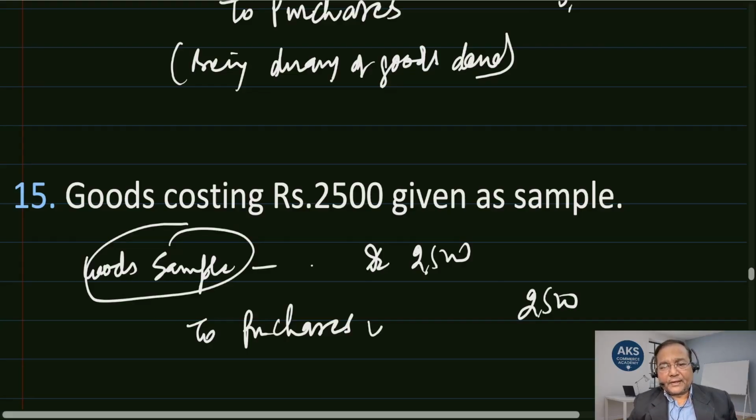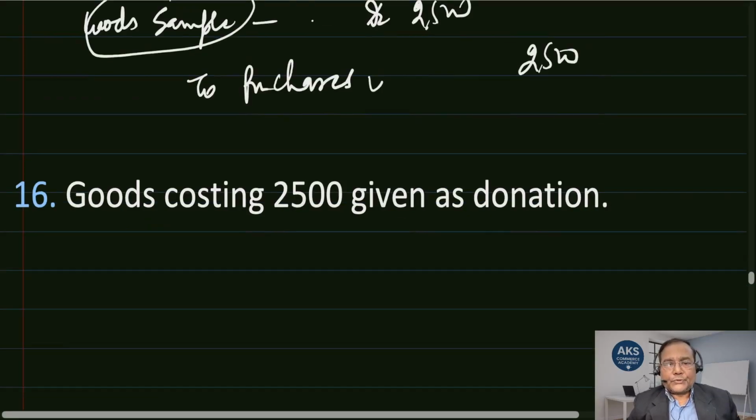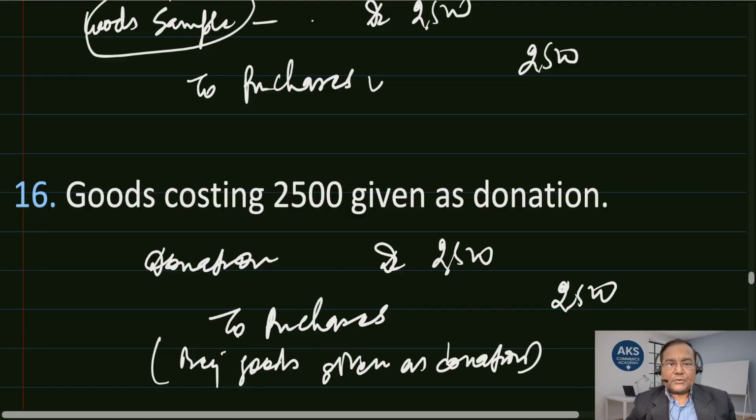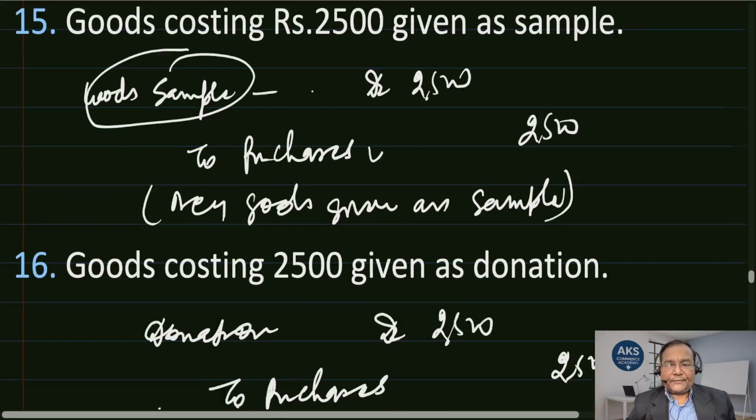Because to that extent purchases, or goods, get reduced. Goods costing 2,500 given as donation. Again, donation is an expense, donation debit to purchases, which is 2,500. Same narration, being goods given as donation. I hope it is clear. Here also the narration is required, being goods given as sample. Okay, now let's see the next one.